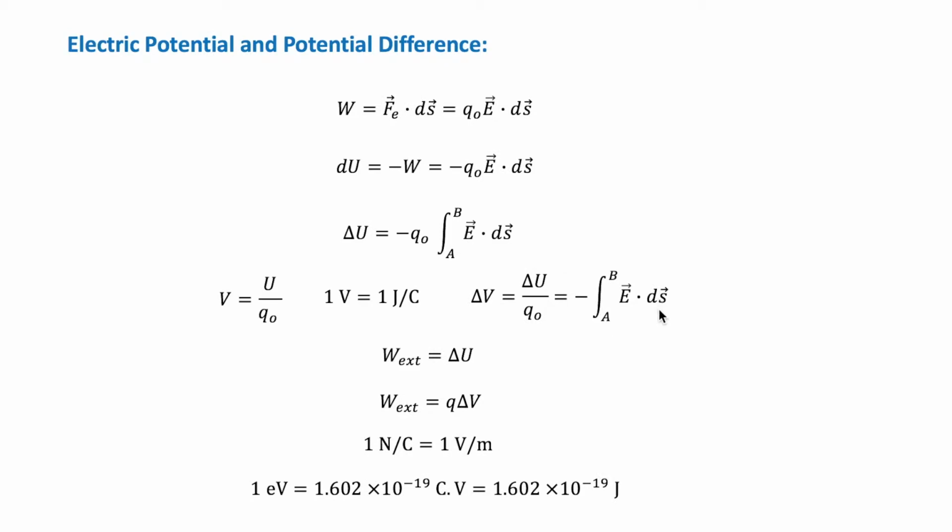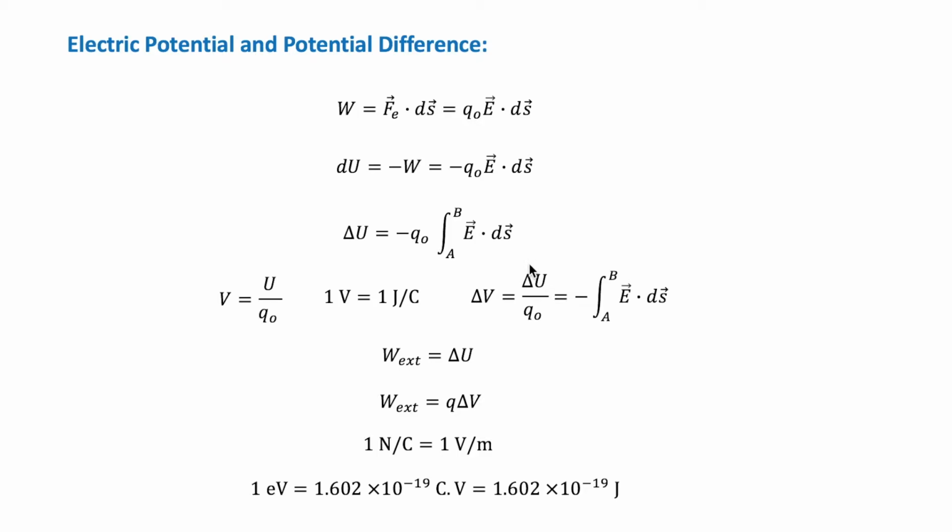So ds here refers to the displacement between 2 points in space rather than the displacement of a point charge. And note that as in the case of potential energy, only the change in electric potential is significant. So it does not matter where we choose the reference point, V equal to 0 or U equal to 0. The change is what counts, okay?